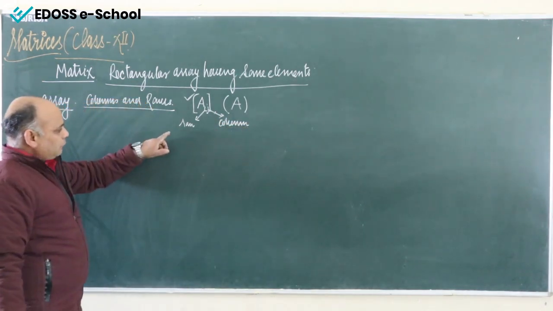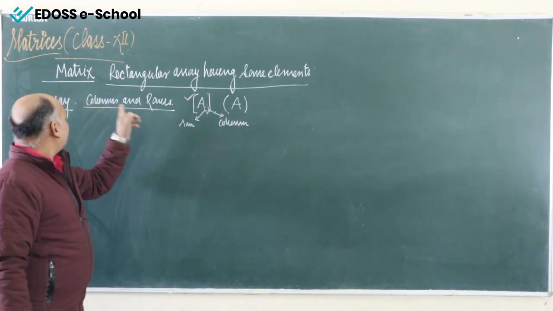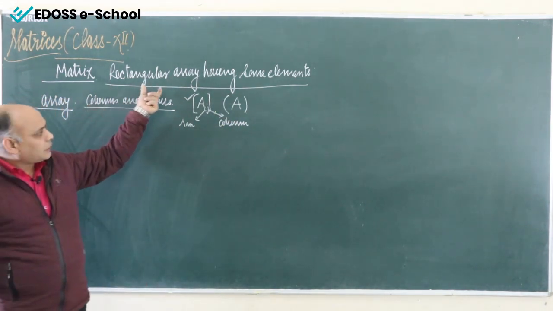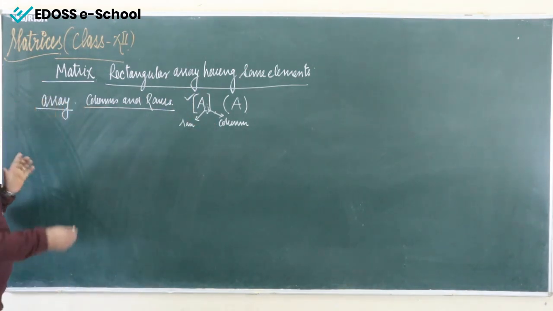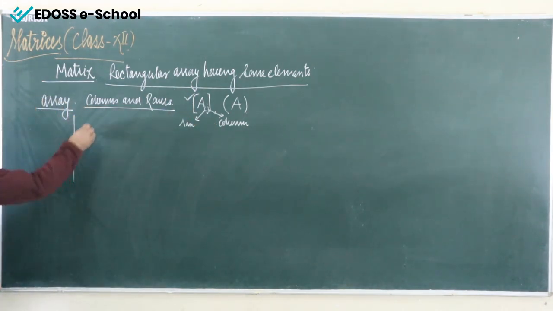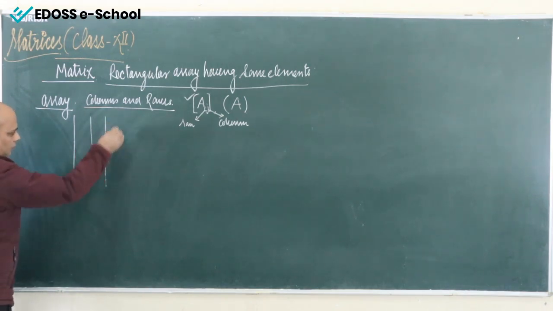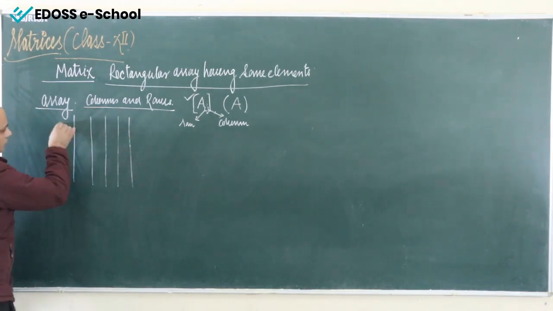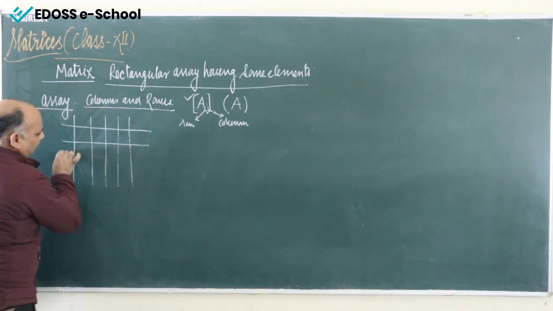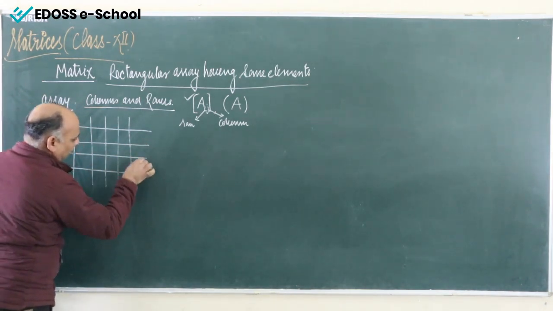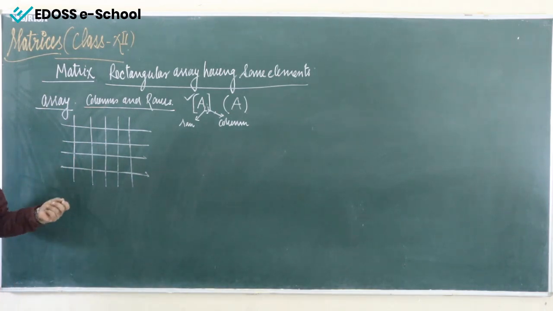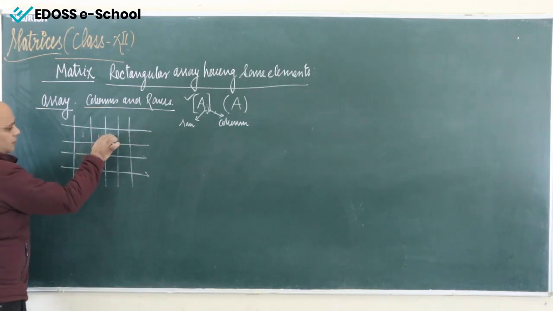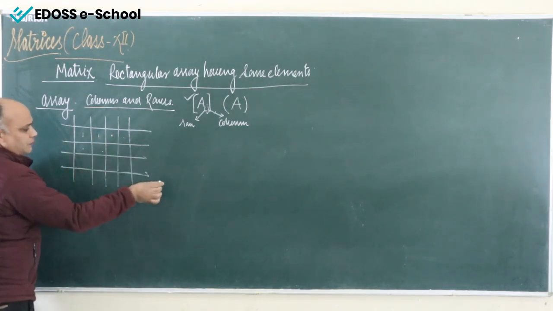With this I can say a matrix is a rectangular array, and an array has some columns and some rows. If you compare it to a net or a window grill, this forms a matrix.